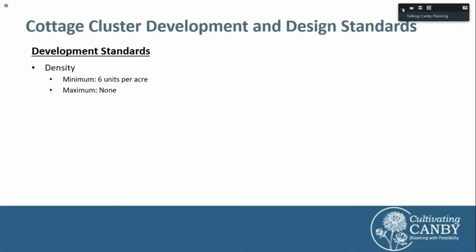Jessica, I'm sorry, we did a little bit more of a segue than I was expecting, but thank you, David. All right, so moving into the crux of the design and development standards for a cottage cluster, we're just going to look high level at these. This is going to look scary at first, but we are proposing a minimum density of 6 units per acre. There is no maximum.